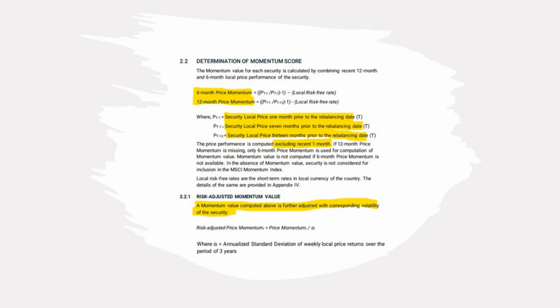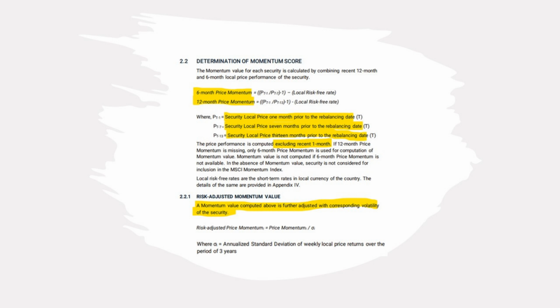What they look at for momentum is quite simply 6-month price performance and 12-month price performance. When they calculate those, they remove the last month of performance, so they don't include the recent month. The reason is so that they can take into account assets that may be on a tear and are having a temporary correction, so they give them that little bit of a buffer.